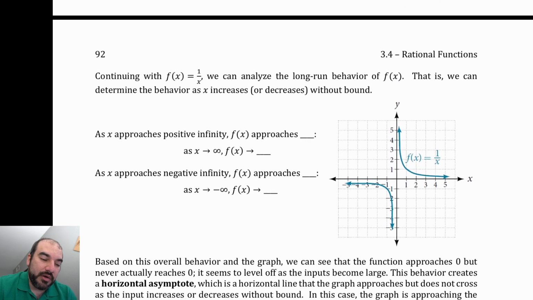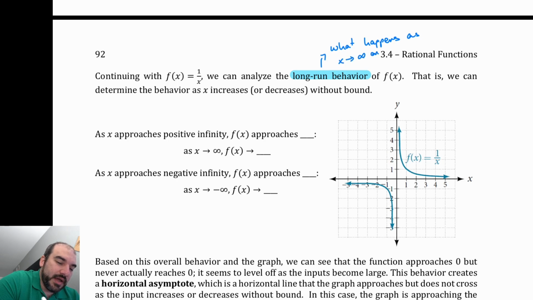We can also talk about long run behavior, which is not talking about behavior near an asymptote. Instead, long run behavior is talking about what happens as x goes to infinity and x goes to negative infinity.